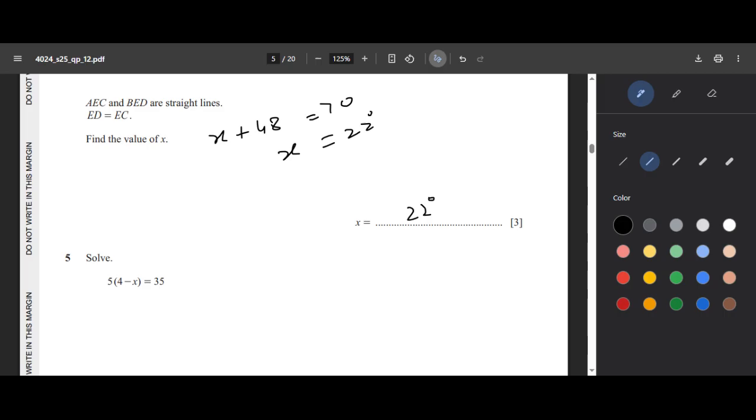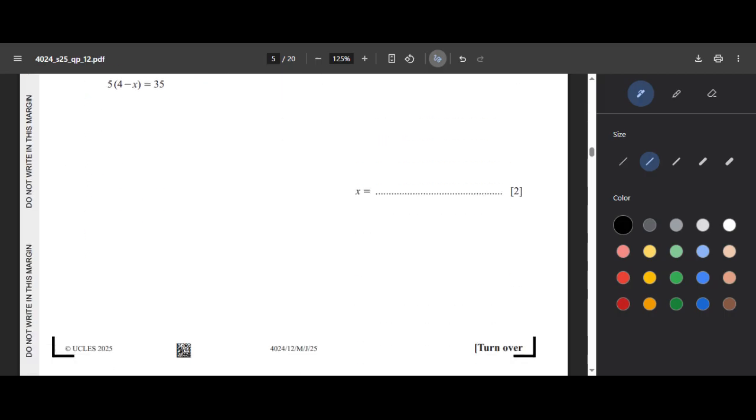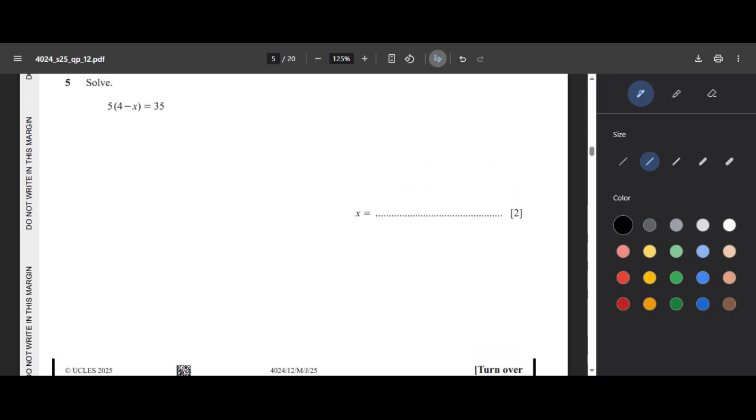Now, for the next question 5, simply solve this. First divide both sides by 5. This 5 will be cancelled here, and this 5 will be cancelled here.